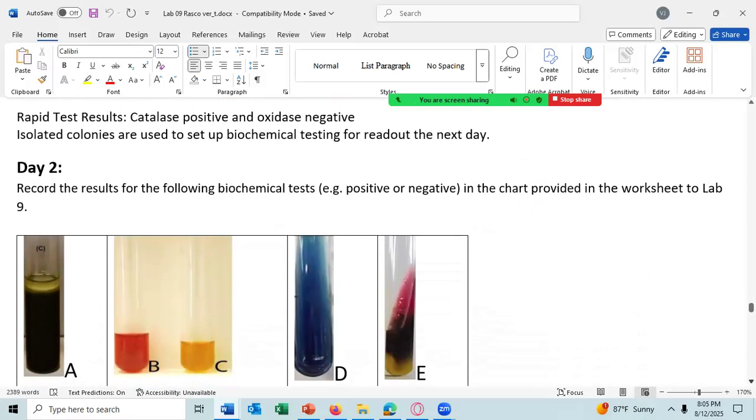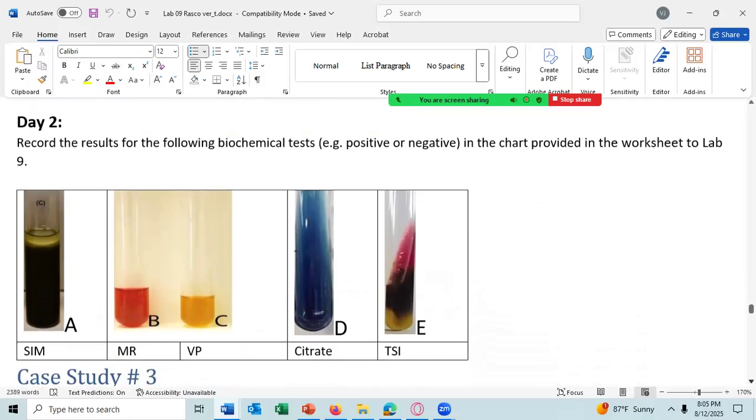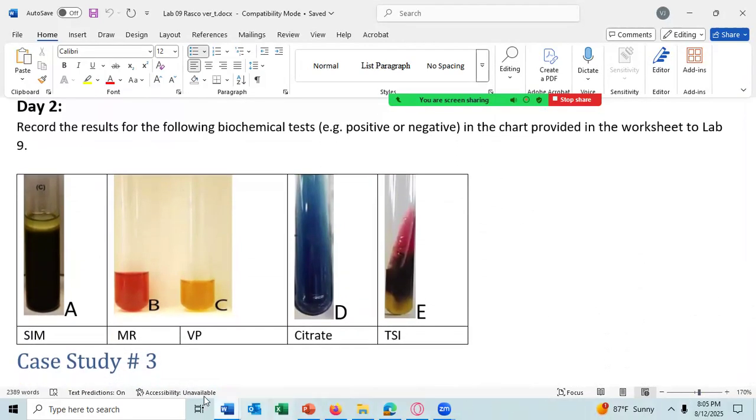And then they do some other tests. They did the SIM test here, the MR test here, the VP test here, the Simmons citrate test here, and then the triple sugar iron test here.